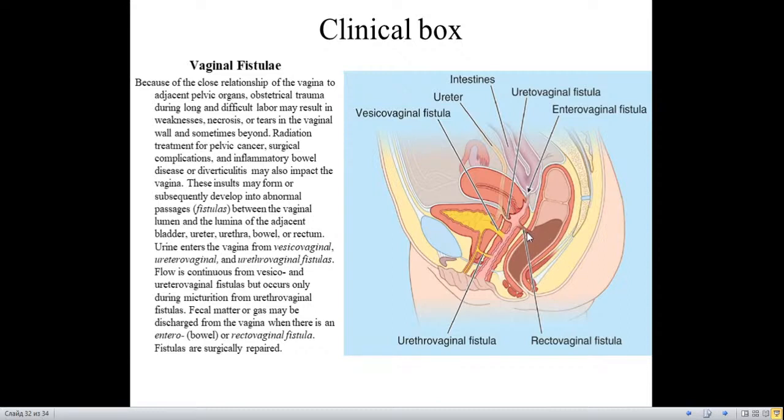They can be a rectovaginal fistula, when an abnormal communication between the rectum and vagina appears. Of course, in this case, contents of the rectum can move to the vagina, or a vesicovaginal fistula or urethrovaginal fistula. In this case, urine will be discharged not only to the external environment via the external urethral orifice, but also will be leaking into the cavity of the vagina.